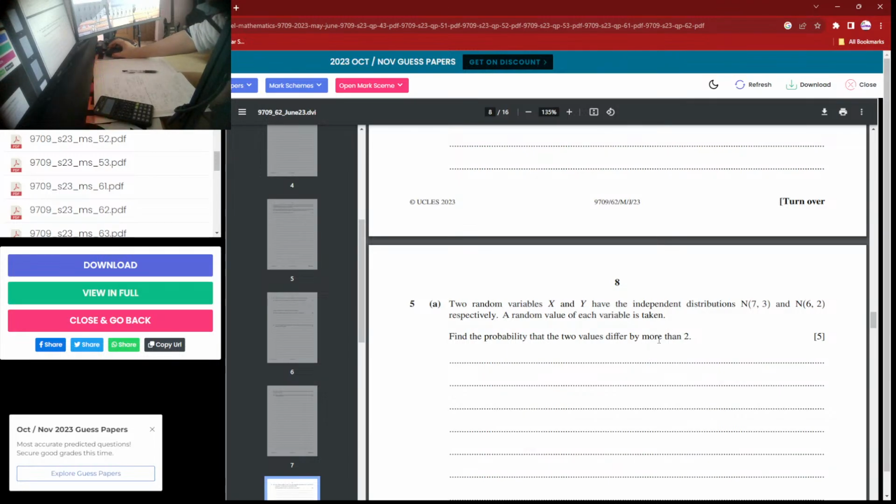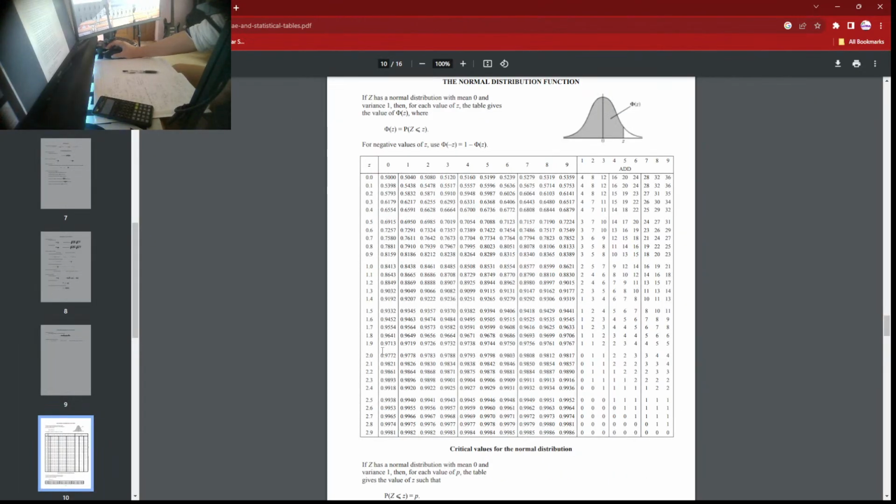Oh, no, we'll just do 2. Okay, 0.447 gives 0.6725. So we have 1 minus 0.6725, which gives us 0.3275, so 0.328. That's your answer.